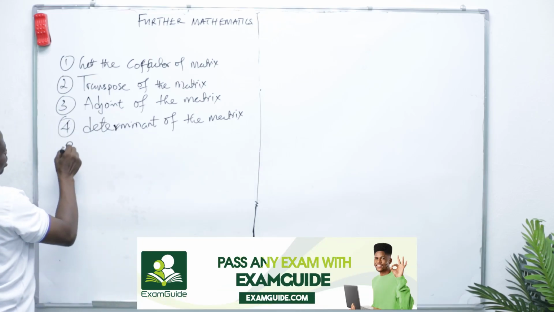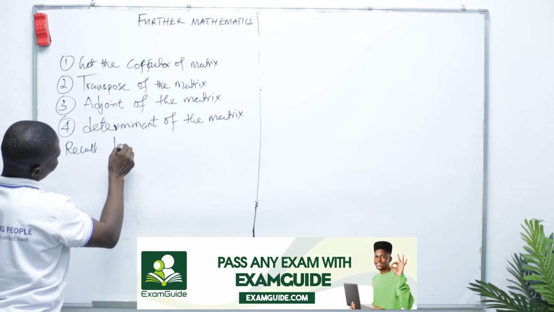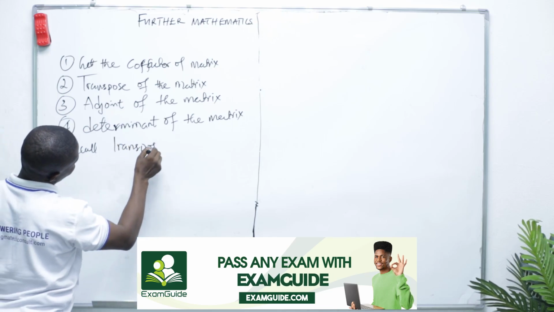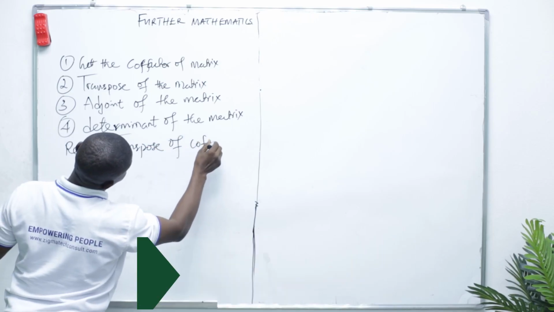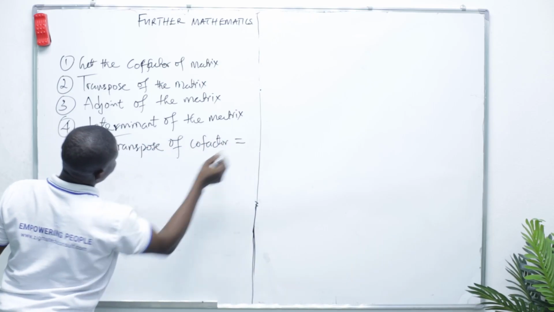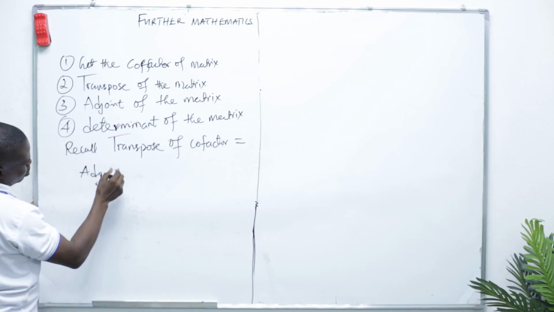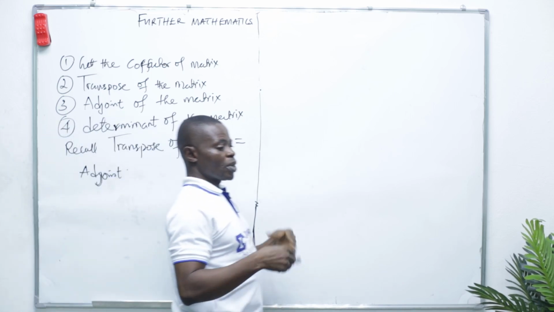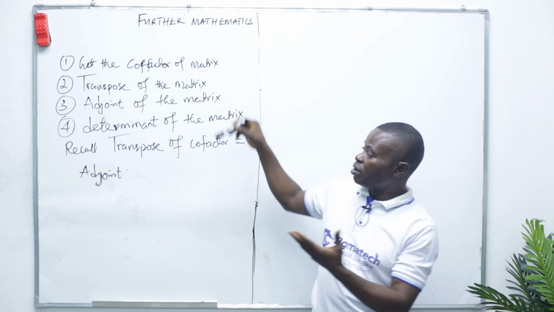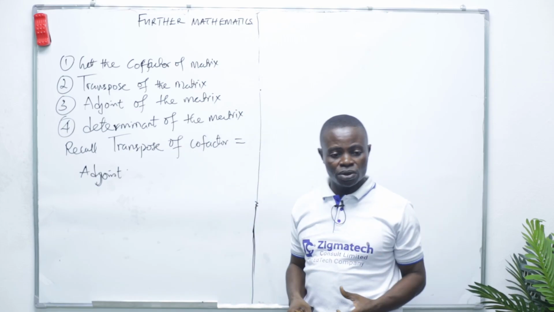Then recall that transpose of cofactor equals adjoint. Do you have a summary of what the term transpose means?